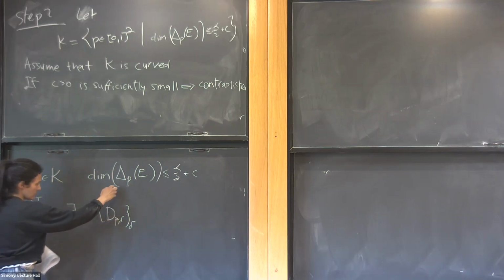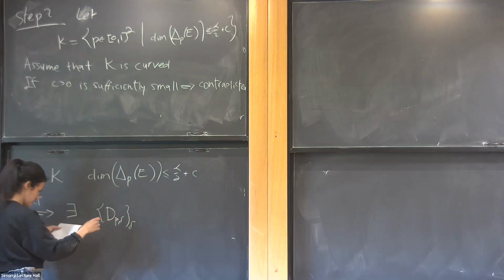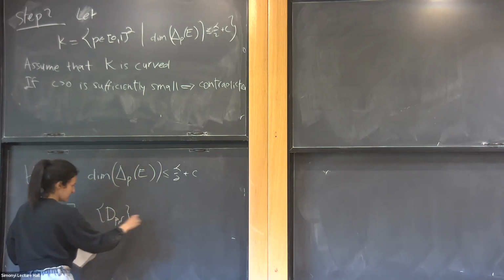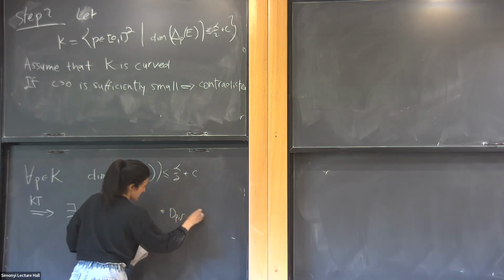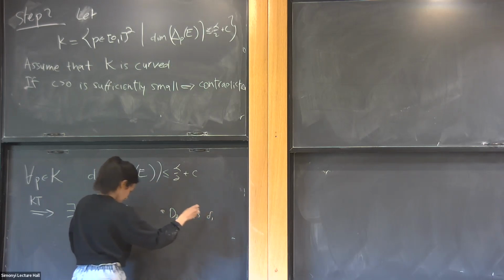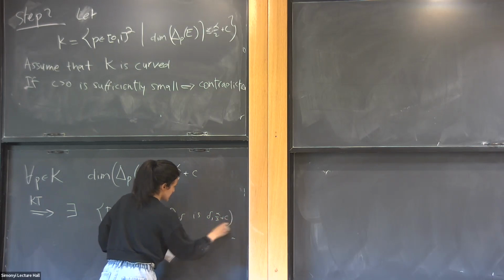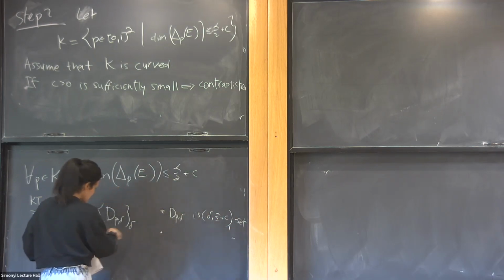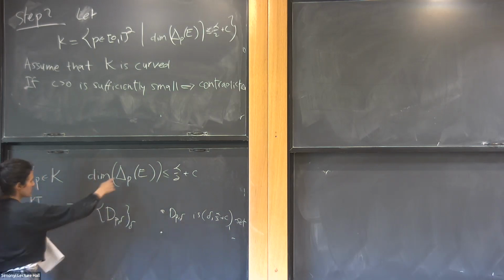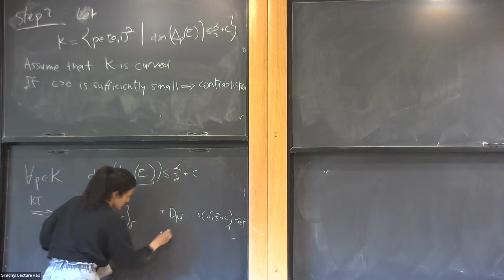So what is this family? Each D_p delta is a delta alpha over 2 plus c one set. And this family strongly covers that, right?